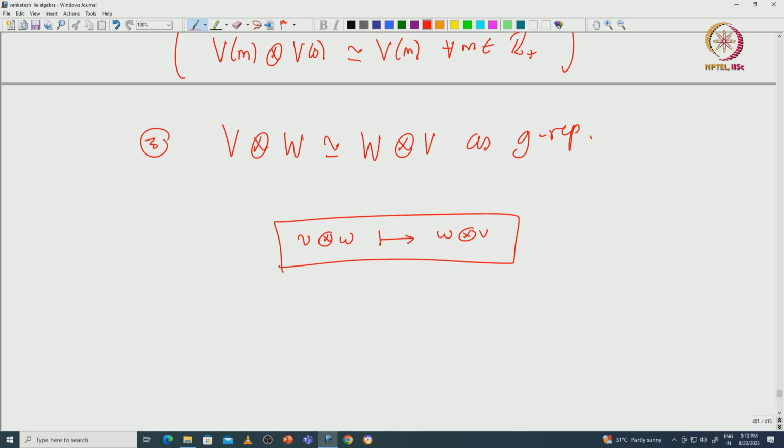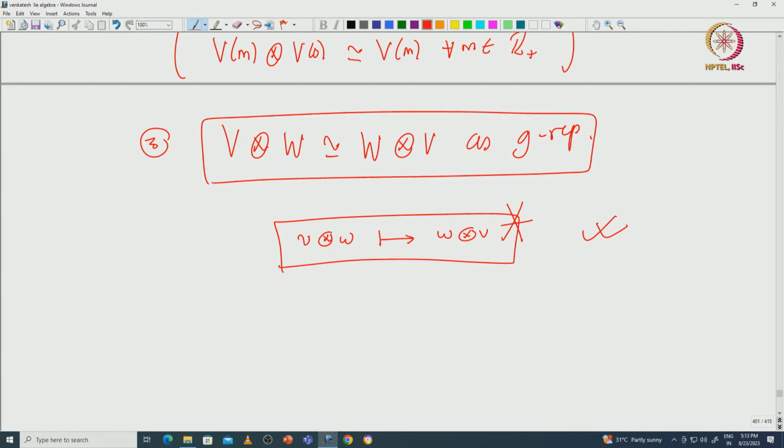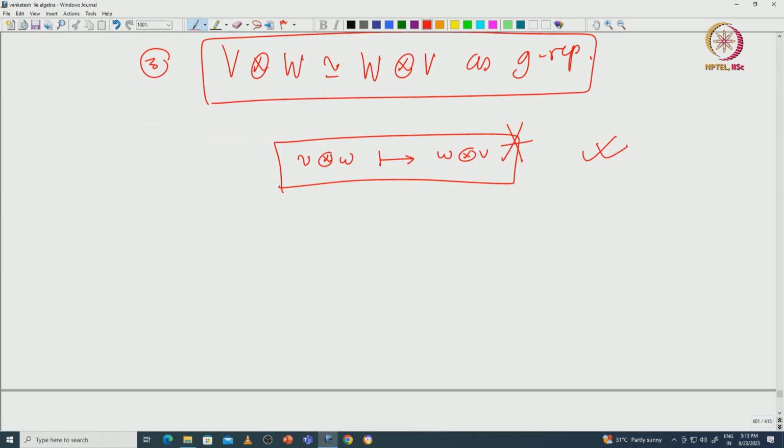They are just a spanning set, and when you allow v and w to be any elements, then definitely you are overcounting. So it will not become a basis. You have to think about how to make sense of this map; that I will leave to you to think about. But V tensor W is naturally isomorphic to W tensor V.